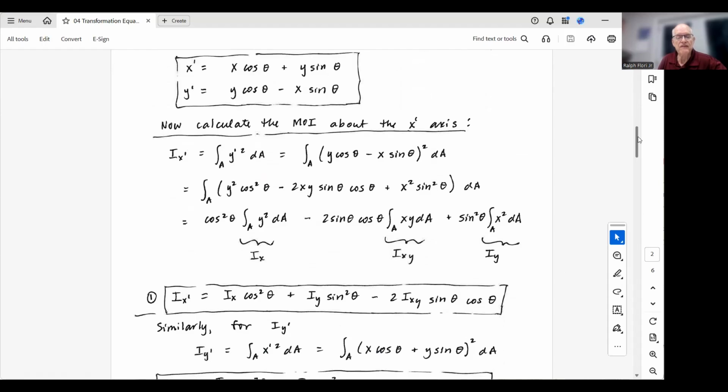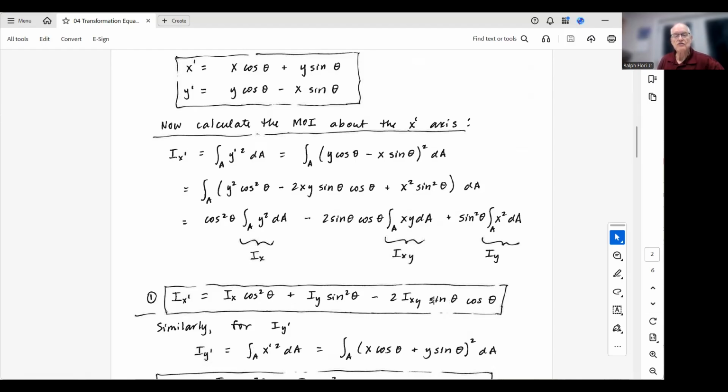So literally what we have found is that if you have an Ix, an Iy, and an Ixy about an original xy axis, and you propose to find I about a coordinate system that's rotated some theta from x, then I about that rotated axis is equal to Ix cosine squared theta plus Iy sine squared theta minus 2 Ixy sine theta cosine theta.